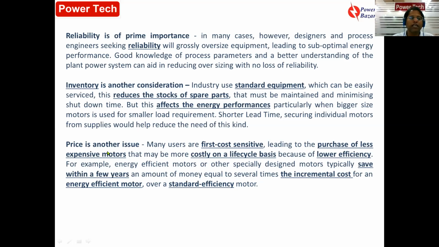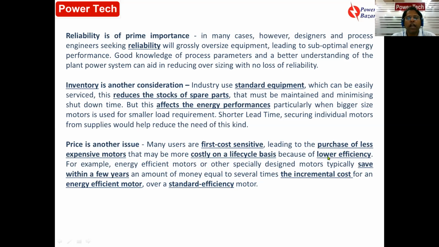Price, yes, price is another issue. When you select a motor, we look for the lower cost of motors. But as you know, energy efficient motors are relatively costlier. Now here, from an energy conservation perspective, one has to see what the life cycle cost is.